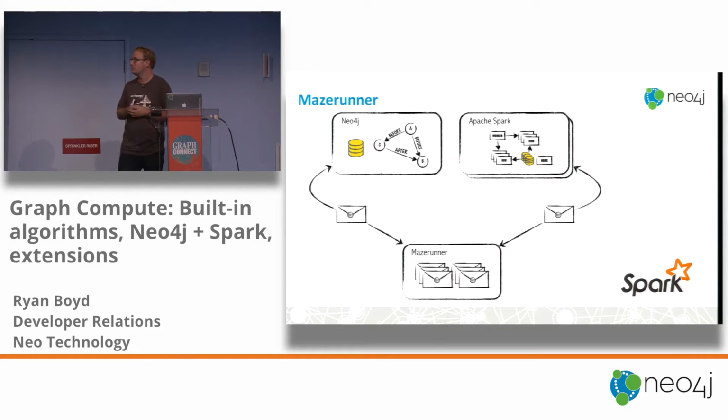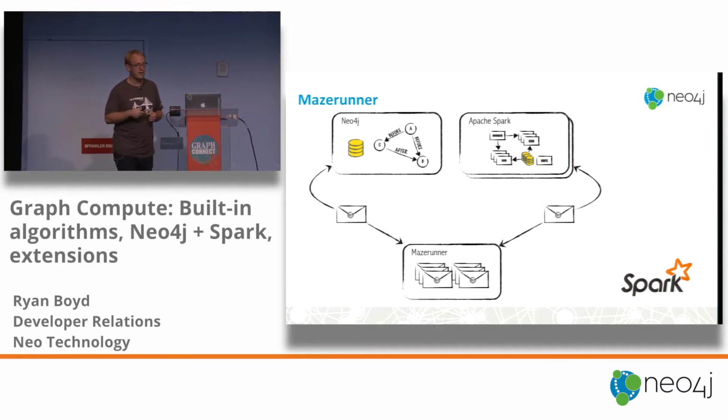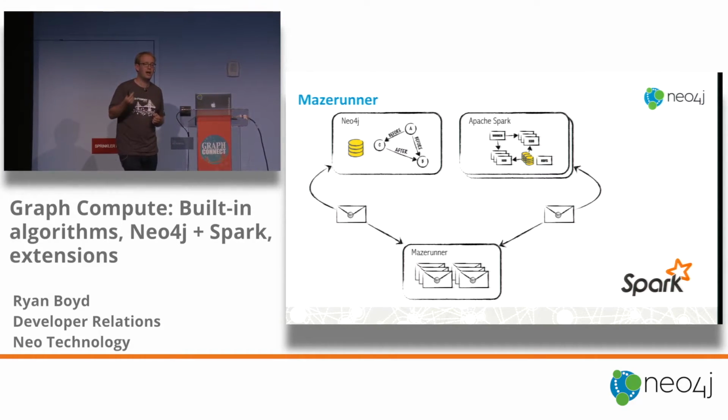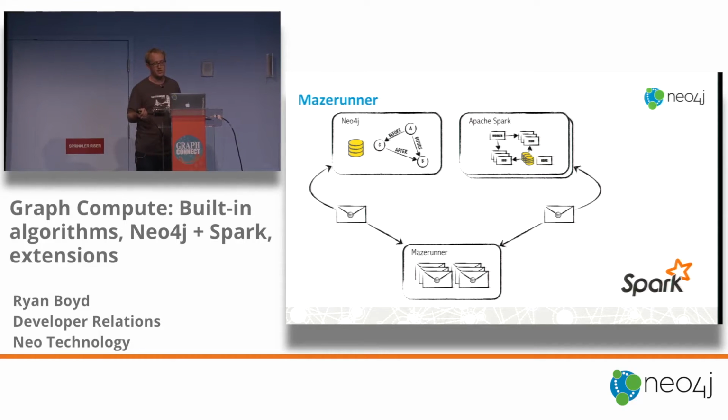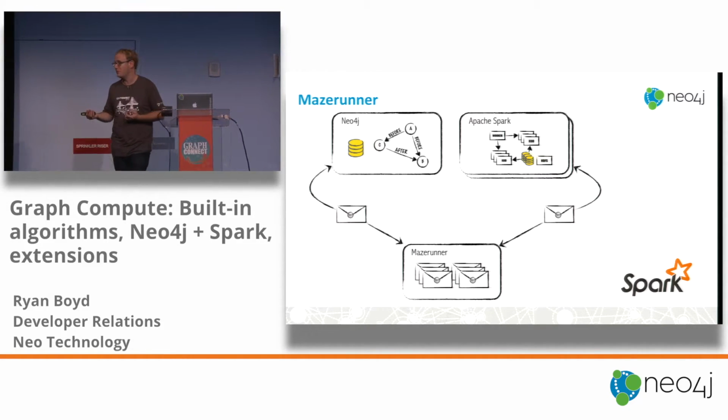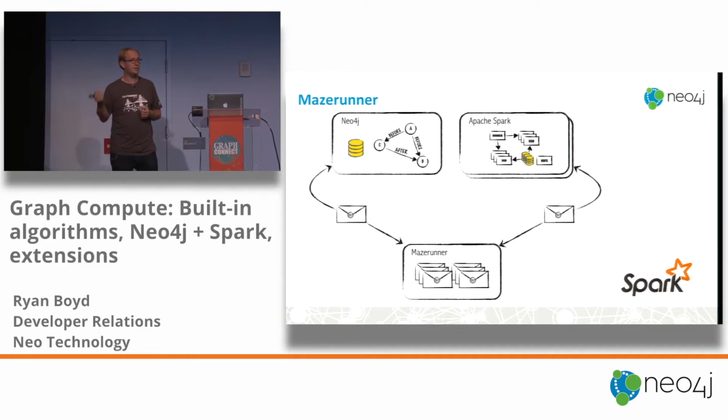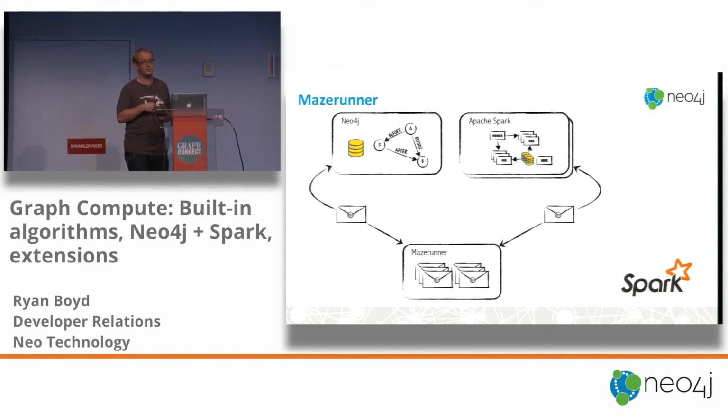You call the Spark extension. It takes data out of Neo4j and gets that data, through Maze Runner, copied into HDFS. Then Spark and Maze Runner read that data out of HDFS, do the processing on it in memory, and then write the results back to HDFS, and Neo4j picks up those results through the extension. So it's basically a combination of a couple different messaging queues, and we'll see how that works with this live demo here.